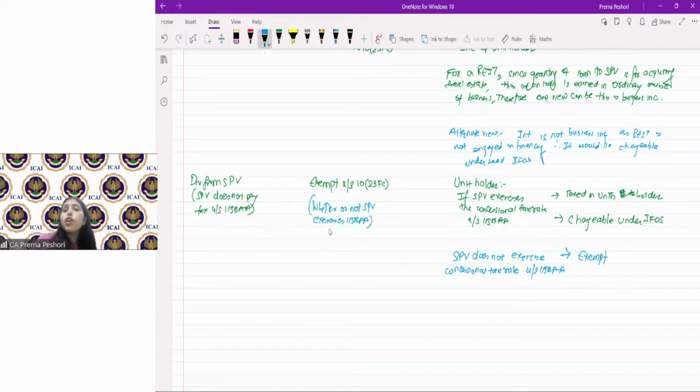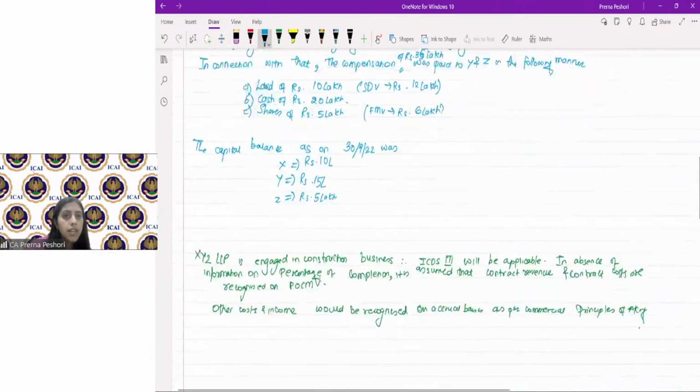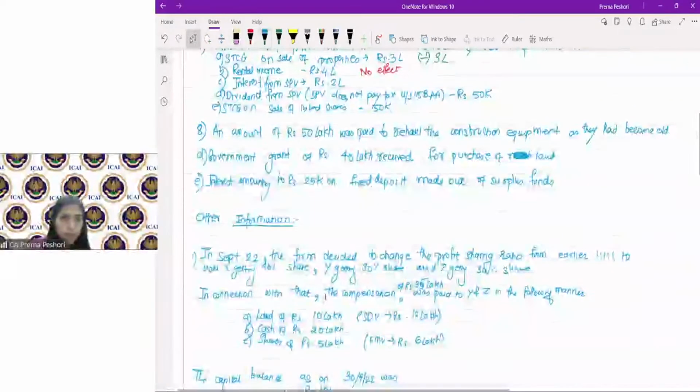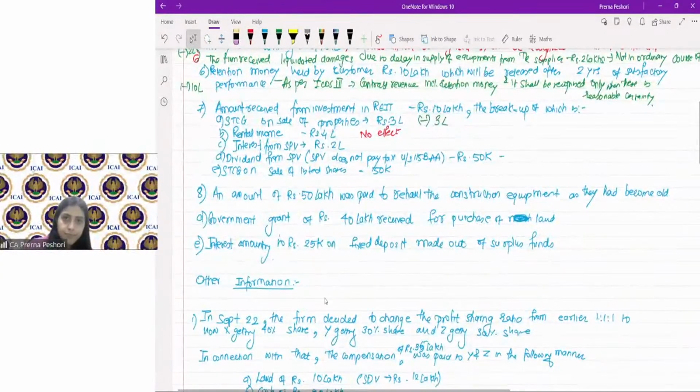But for the unit holder, if it exercises the option under 115BAA, then it is taxed in the hands of the unit holder. Otherwise, if it does not exercise under 115BAA, it is exempt. So in this case, this will be considered as exempt. So reduce this, reduce 50K, since this is exempt.